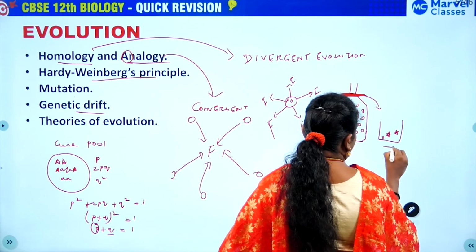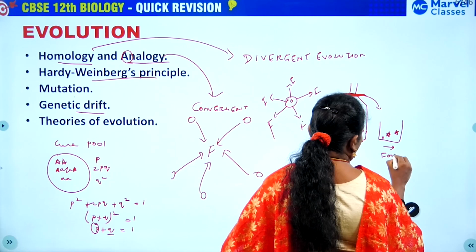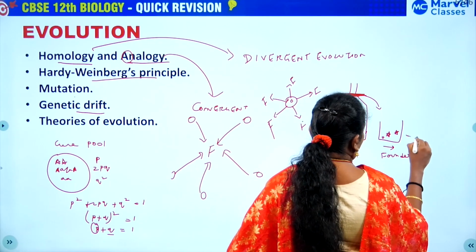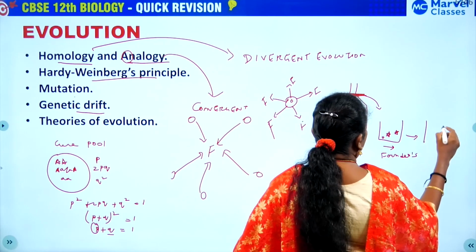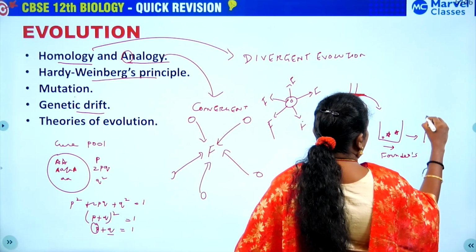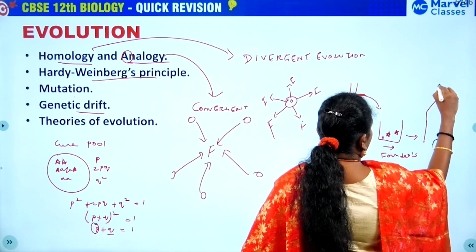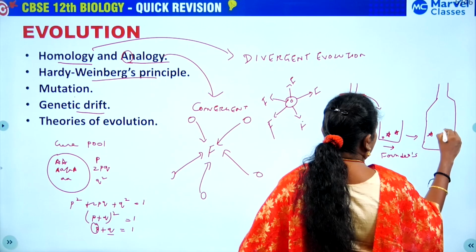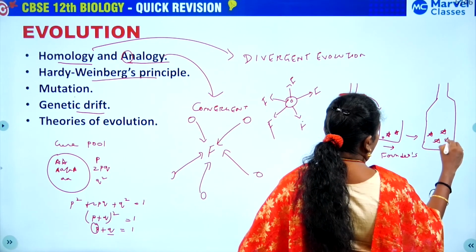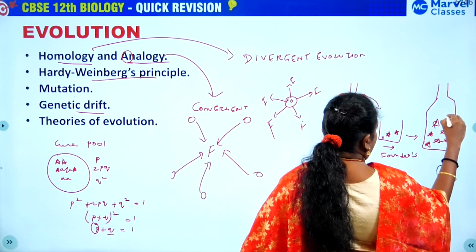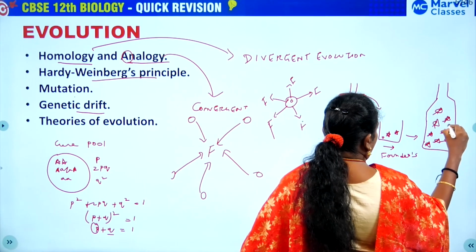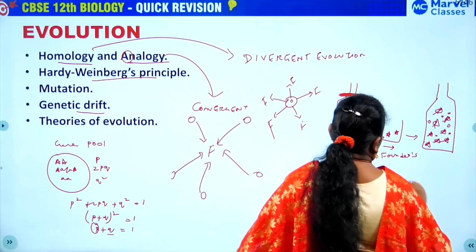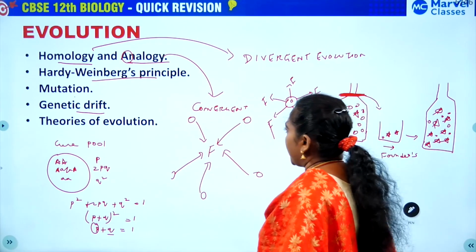These are the founders of the next generation. That's why this is also known as the founder principle or Sewall Wright effect. Then after some time you can see the generation with a more stable population. So that is genetic drift.